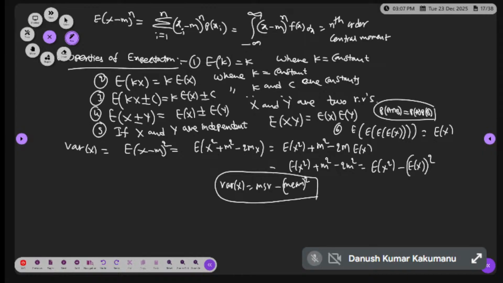This bit has been asked many times in the exam. Variance of x is E of x square minus E of x whole squared. This is a famous bit in GATE. Okay, everybody understood? No confusion?